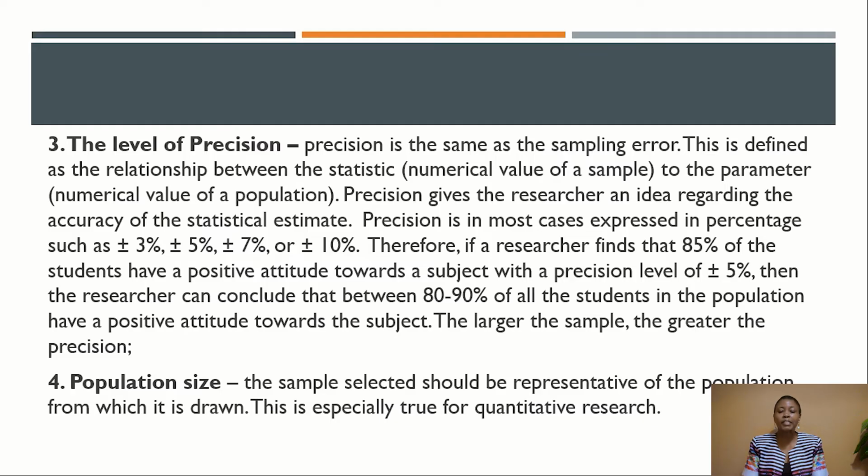Precision gives the researcher an idea regarding the accuracy of the statistical estimate. Do not forget that we use a sample to describe a population, and therefore precision gives the researcher the idea regarding how accurate the statistical estimate he or she is making regarding the population is.